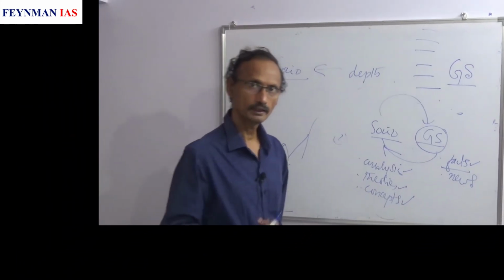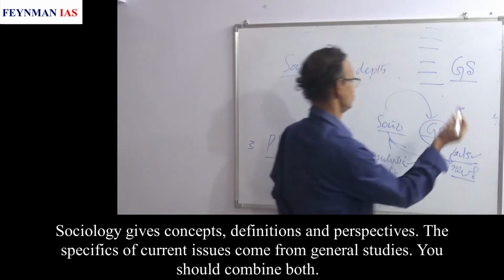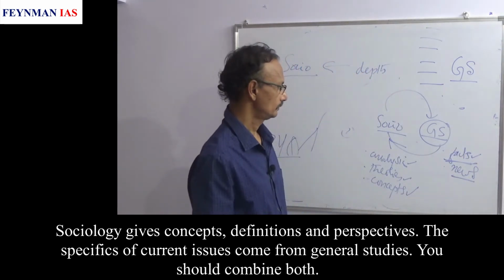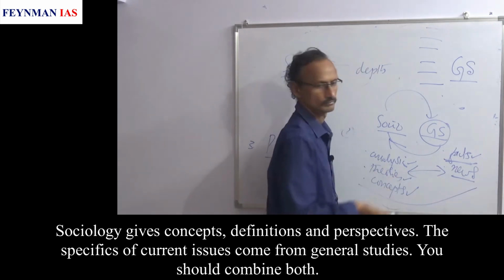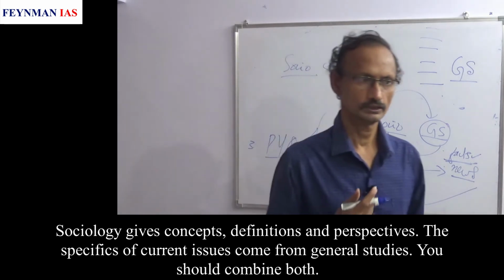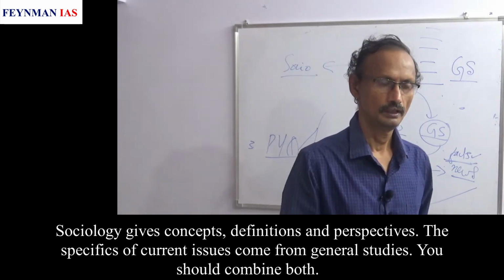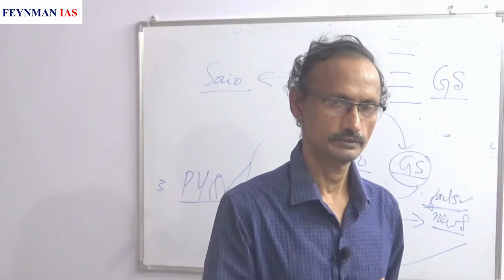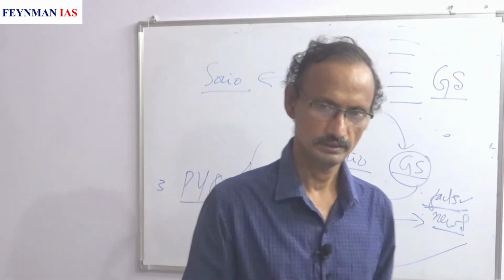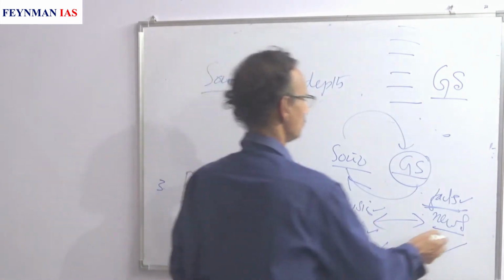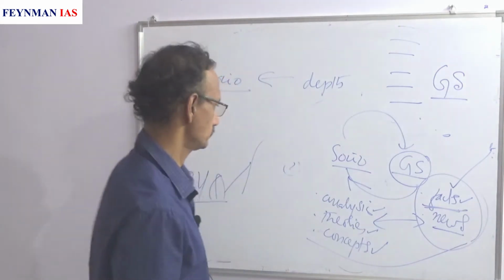But what is happening now is stated somewhere else in general studies. So you should link these two. With the help of sociological theory, look at current events, and to write a good sociology question, you get the basic data on current events from newspapers and magazines or your general studies resources.